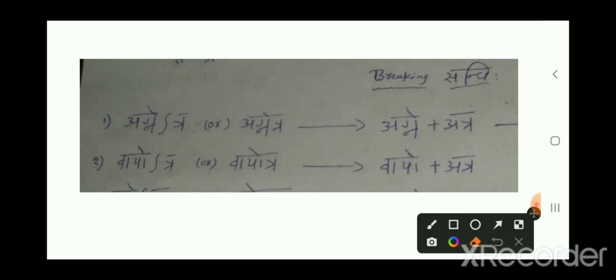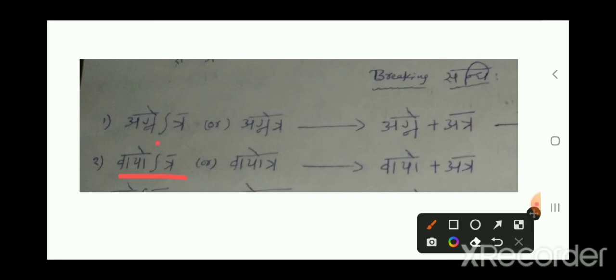We'll see one more example. Vayotra. See this second example. Vayotra. Here, in Purvarupa, A or O should be at the end of the padam. Then it will be replaced by its preceding vowel. Here, what is the preceding vowel?